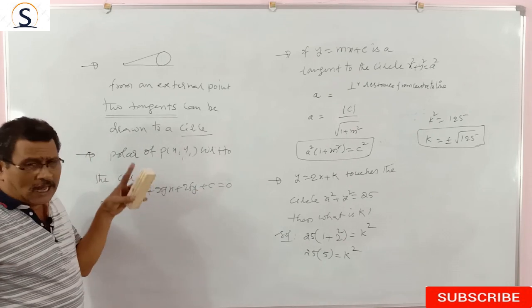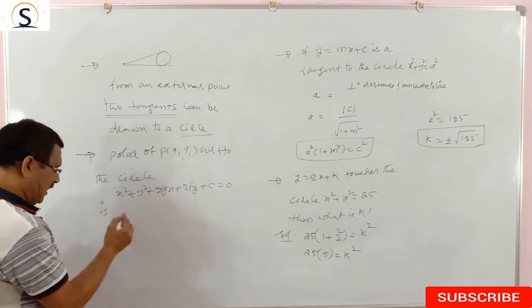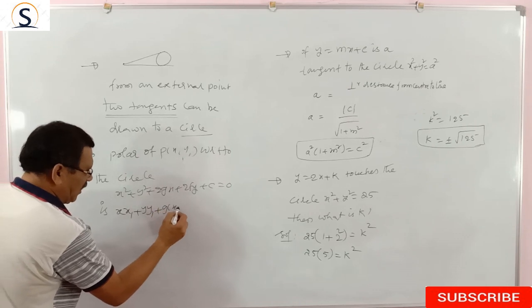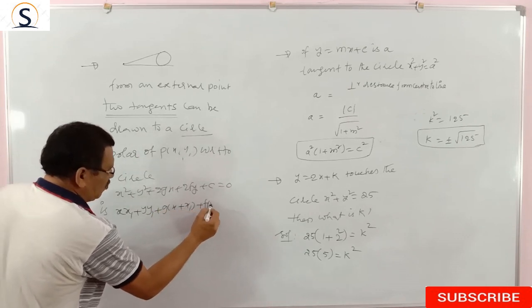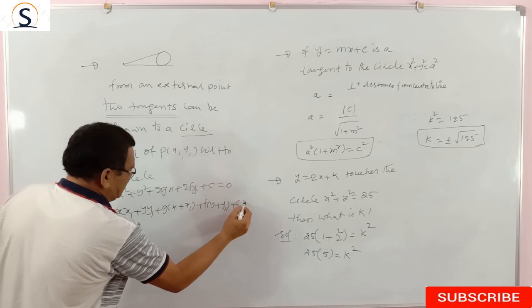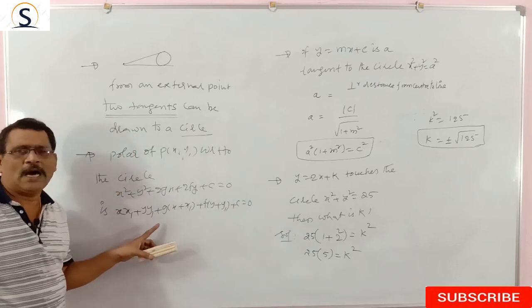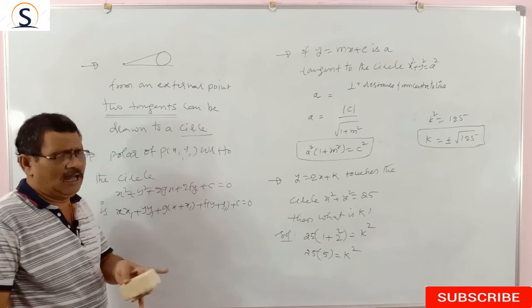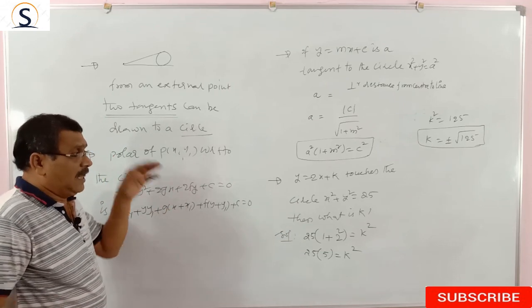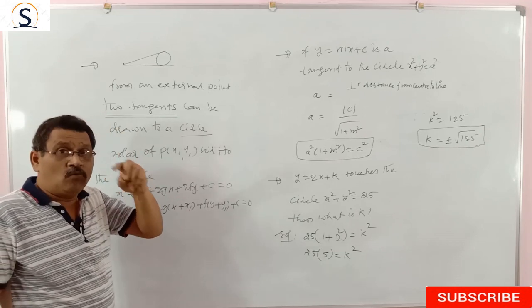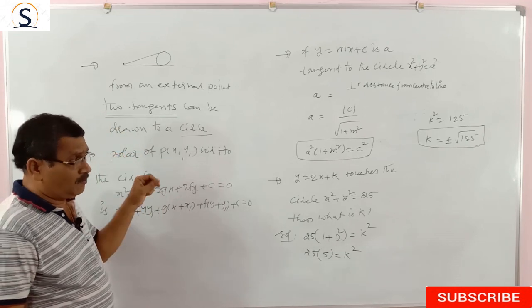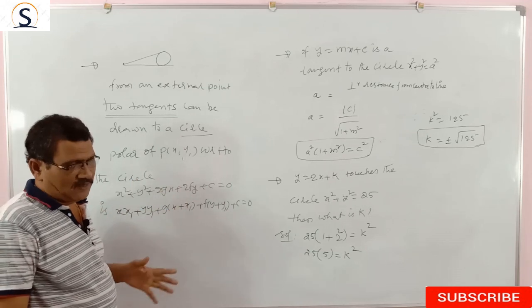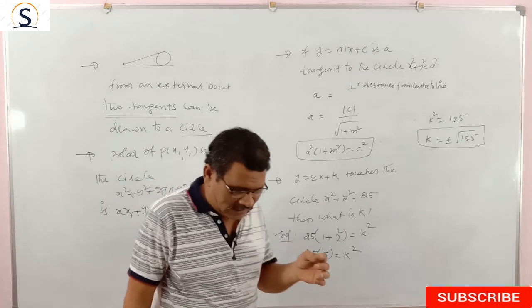It is simply the same as the tangent: x x1 plus y y1 plus g into (x plus x1) plus f into (y plus y1) plus c is equal to 0. This is the polar equation. Polar is a line. I am not discussing all the concepts, simply on what basis, on what concepts the problems are asking, those simple concepts only. Heavy concepts, the problems are lengthy problems. That is why I am not discussing all those lengthy points.